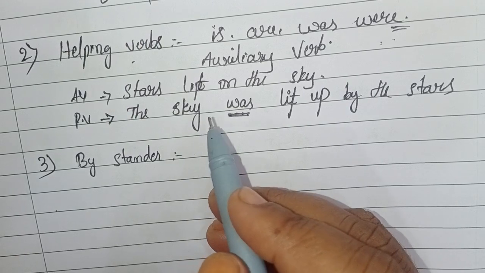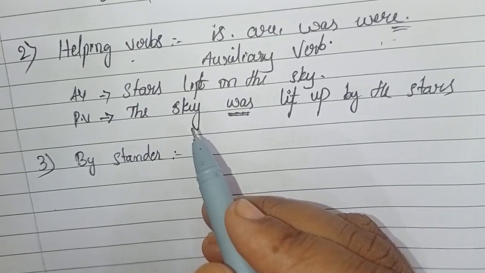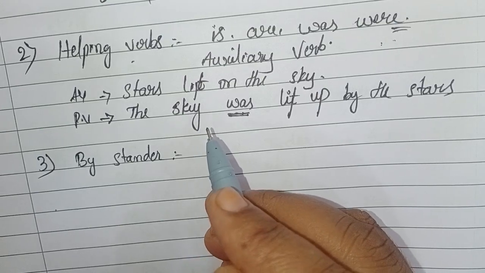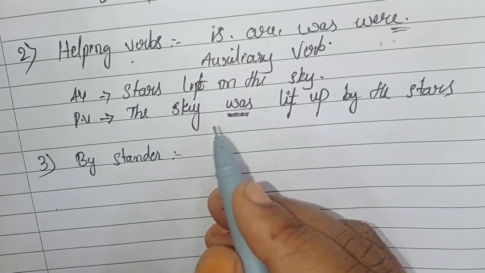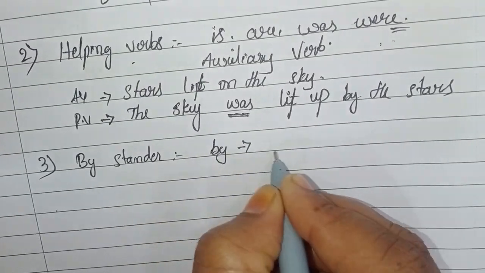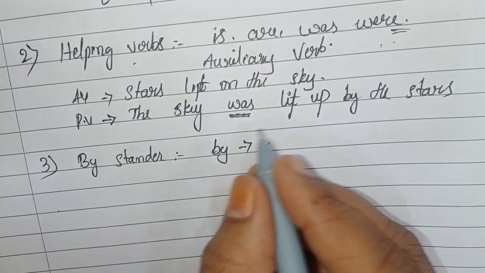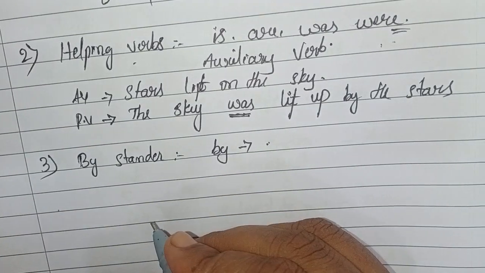In 99% of sentences, the passive voice contains the word "by". Here we use the word "by" because he is standing by the side, seeing what is happening and telling his experience in the passive voice.